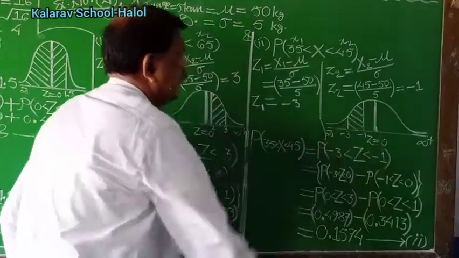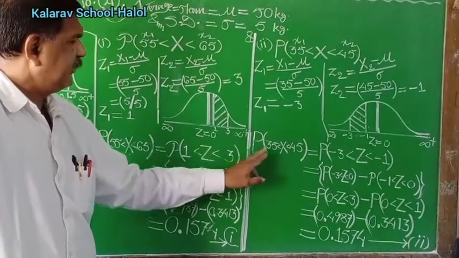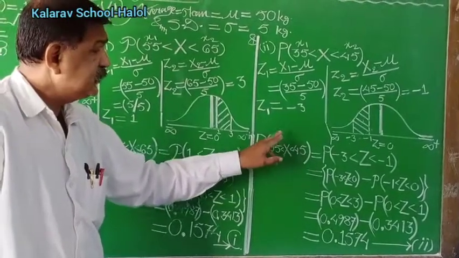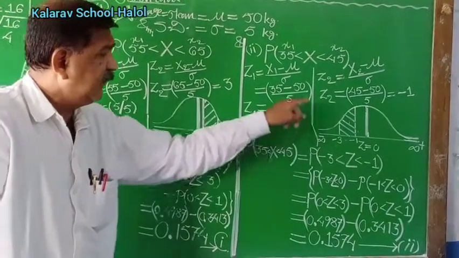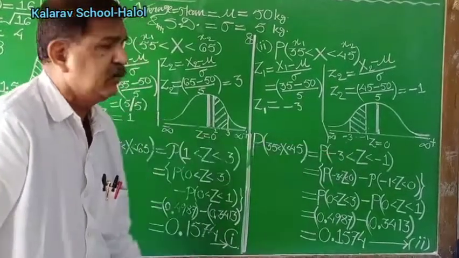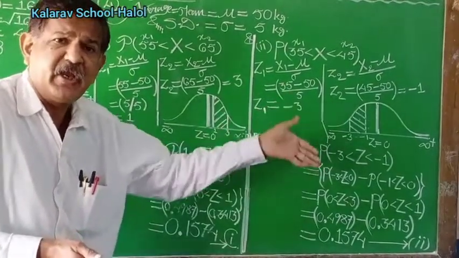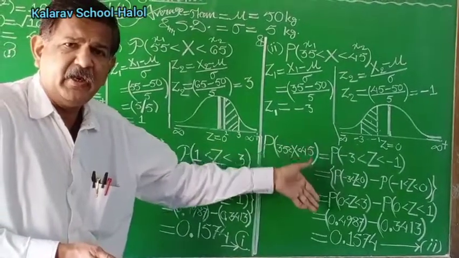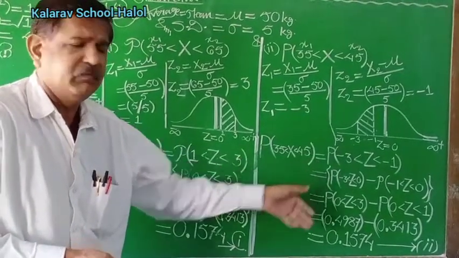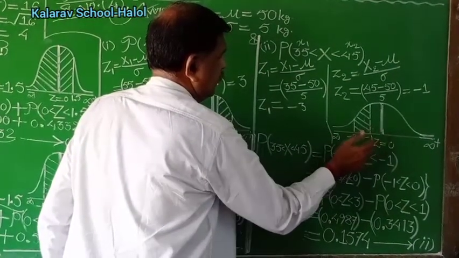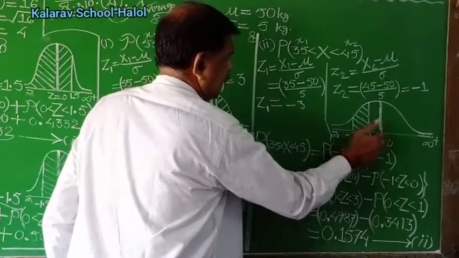Probability that 35 less than x less than 45. This is the normal variate and these are in the form of standard normal variate. We are given a z table, therefore we must convert x first of all into z and then calculate. Minus 3 to 0 minus minus 1 to 0.